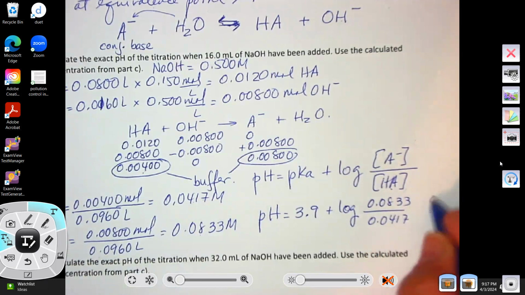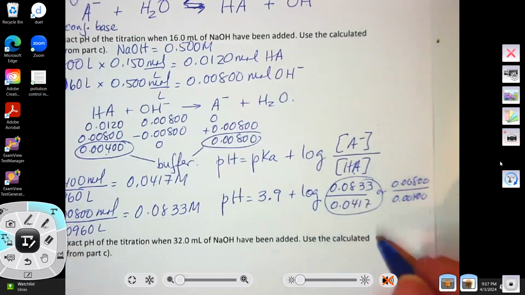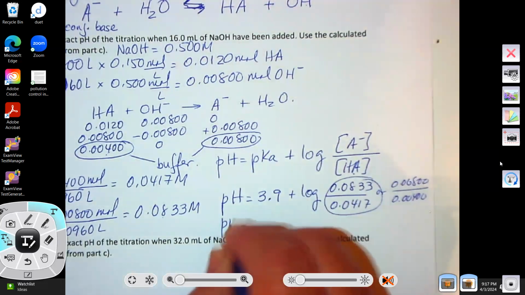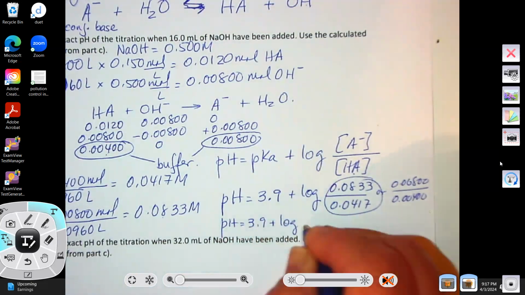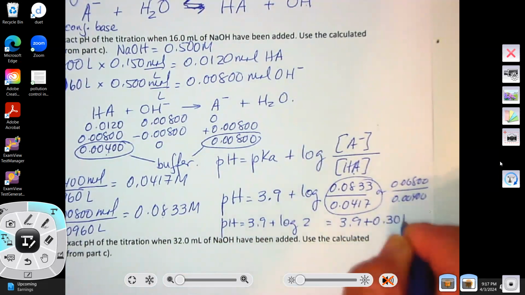Or you could use 0.008 divided by 0.004. Either way, it's going to be 2. So the log of 2 is 0.301. So pH is going to be 3.9 plus the log of 2, which is 3.9 plus 0.301.